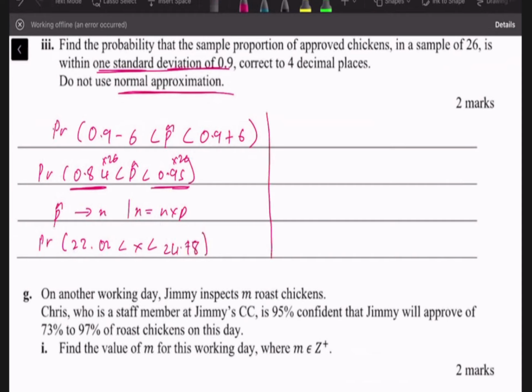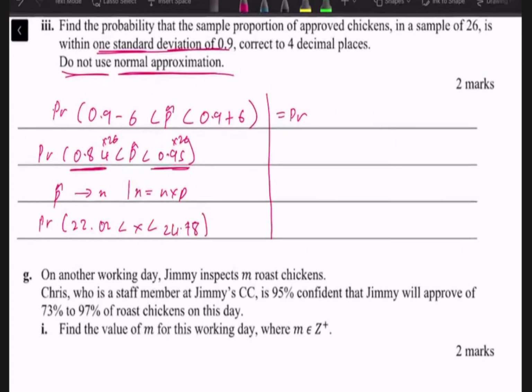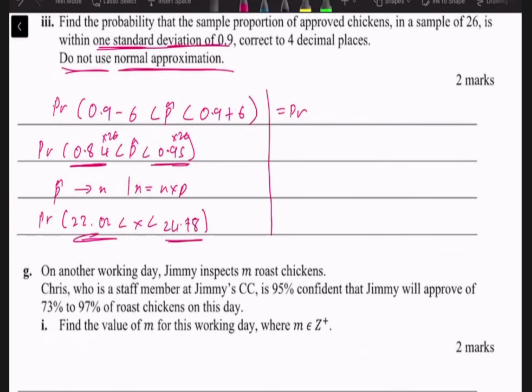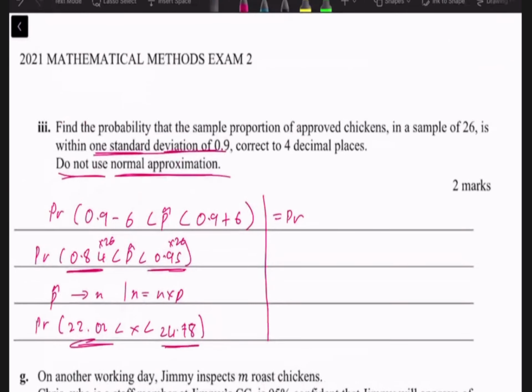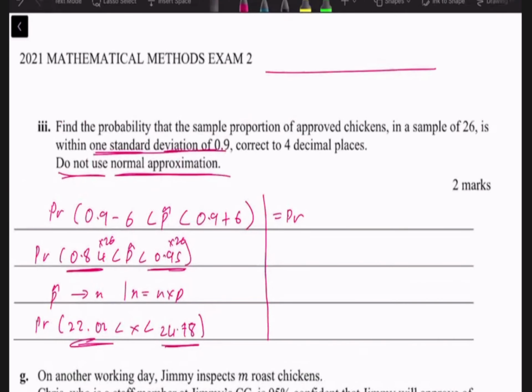Since it says normal, as I said before, we can't use normal approximation, so we have to use binomial approximation. Because it's binomial, we're dealing with discrete values. So we have decimals here, but we can't use decimals, so we have to think of the number line again to figure out whether we round down or round up.